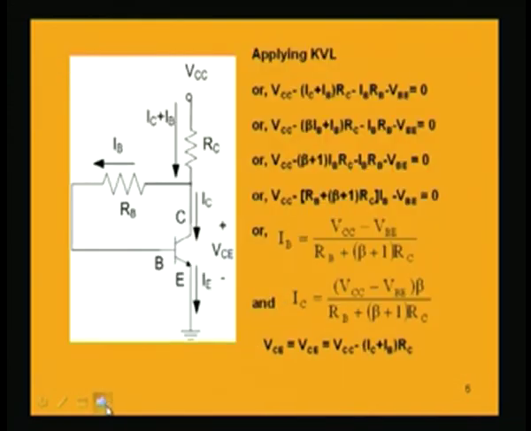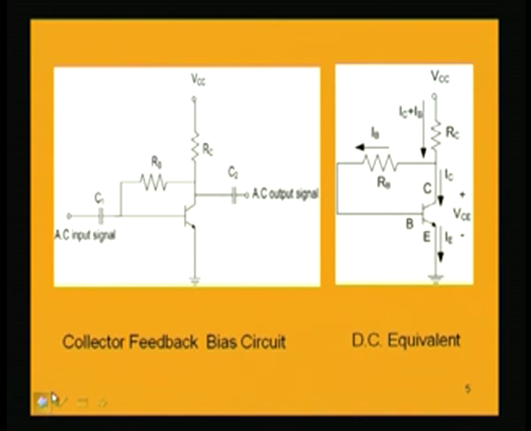If we consider this collector to emitter to ground circuit separately, we can see the whole circuit, because VCC has a positive and a negative terminal. Positive will be here and this is negative, this is ground. The current coming out from the positive terminal of the source must be the same current which will be flowing into the negative terminal.